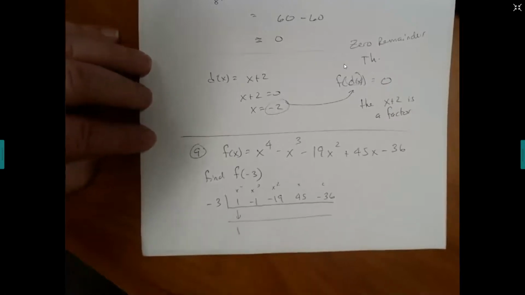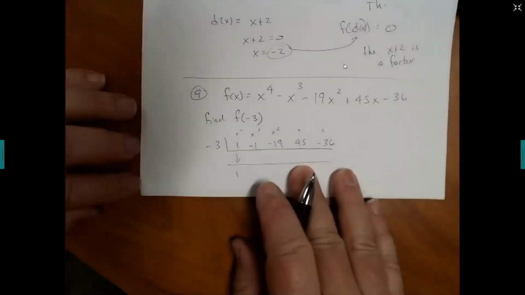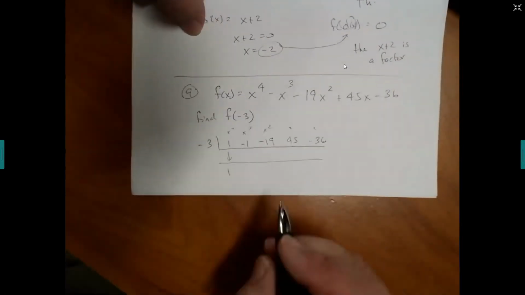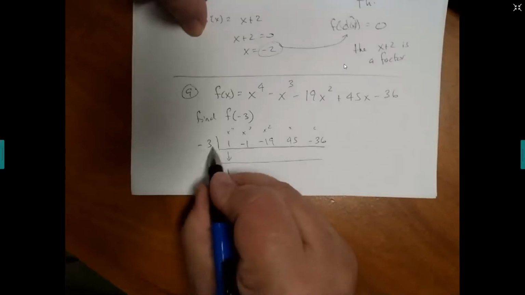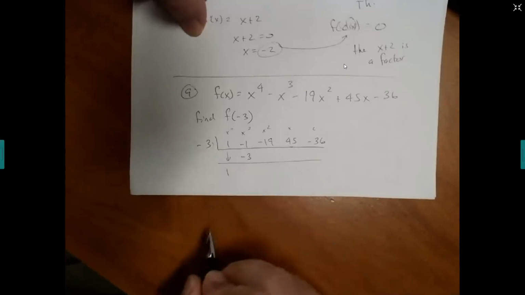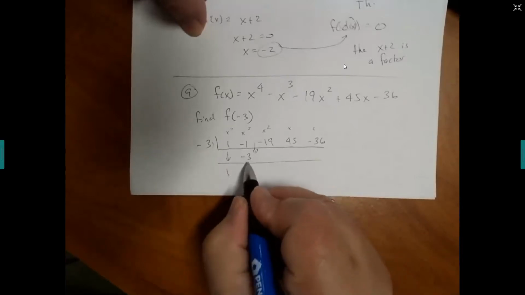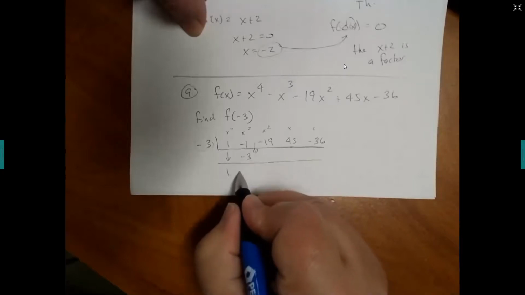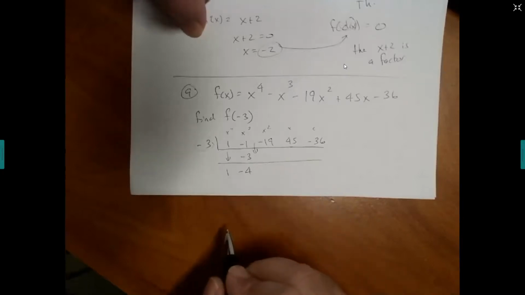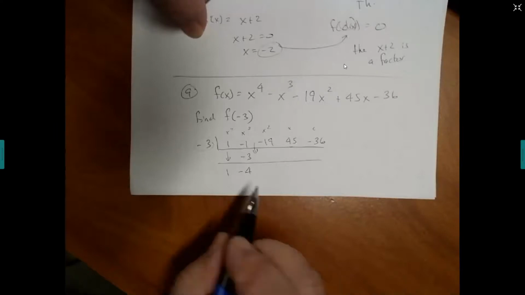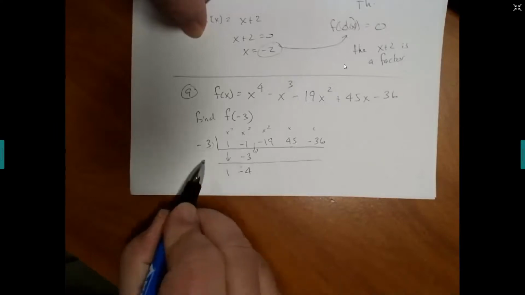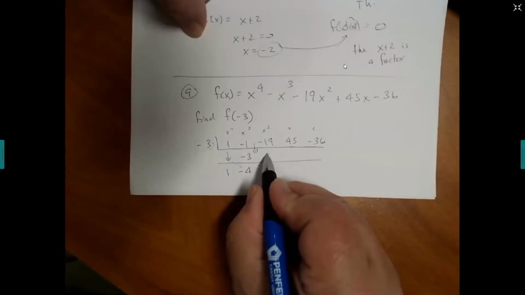Bring down the first term. Negative 3 times 1 is negative 3. Negative 1 plus negative 3 is negative 4. Now multiply. Negative is a positive. 3 times 4 is 12.